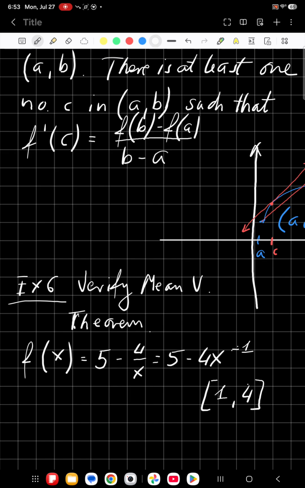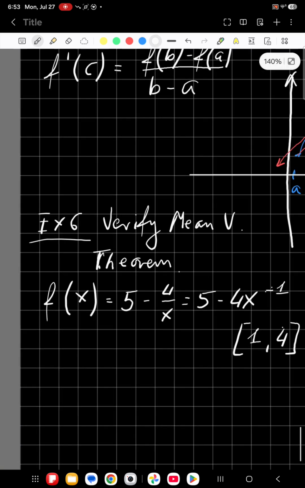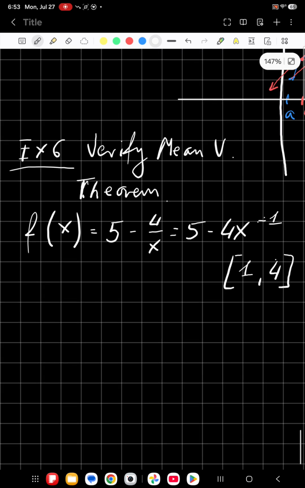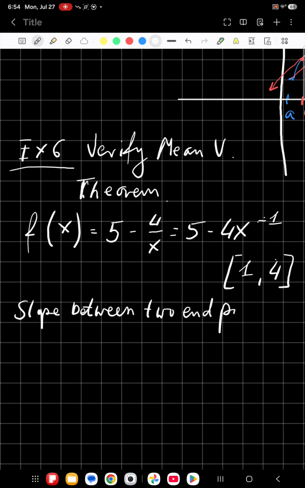So let's start by finding the slope between those 2 points, given that interval. Maybe let me write what we're doing: slope between 2 endpoints. I'm just going to sketch it to explain what's going on.